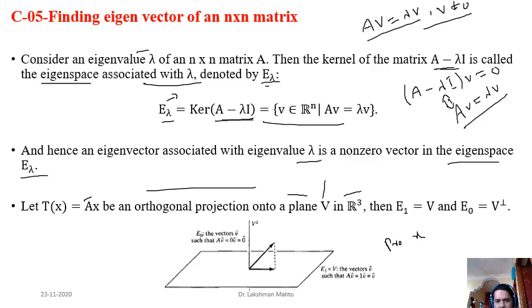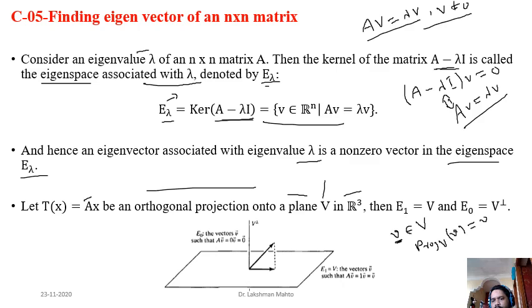Suppose you are taking any element v from the subspace or plane V. If you are trying to find the projection of v with respect to plane V, what would the projection be? It would be the vector itself.